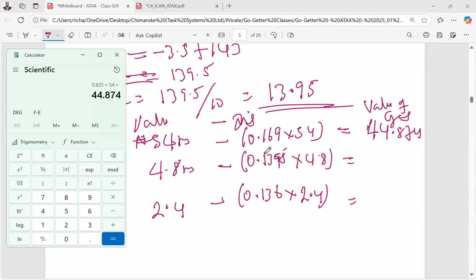So that's what I'm going to do in this second one. I've demonstrated that it will give you the same thing. 1 minus 0.1395 multiplied by 4.8. I have 4.1304.